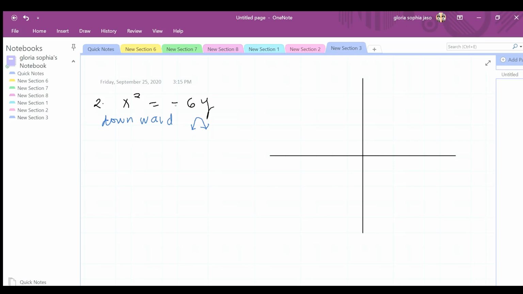Now let's solve for our value of a. So this is our 4a. So 4a equals 6. Divide both sides by 4. So a is 3 over 2. And our 2a is 3 over 2 times 2. So that's 3. And 4a is 6. So now let's plot our point. So our vertex is at 0, 0.